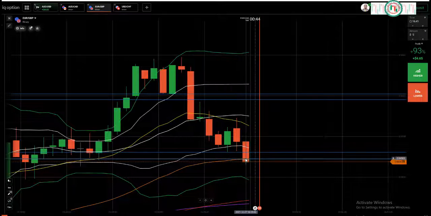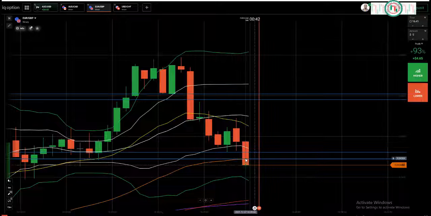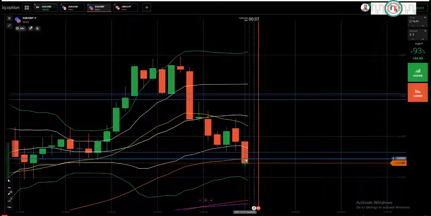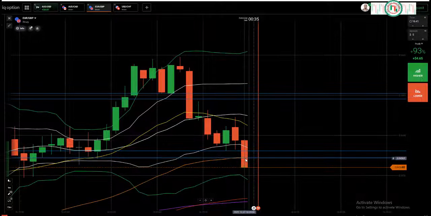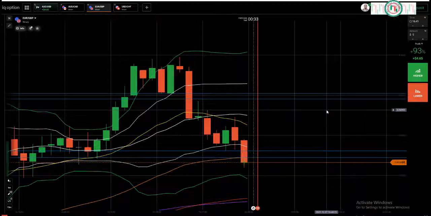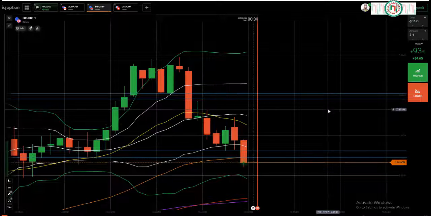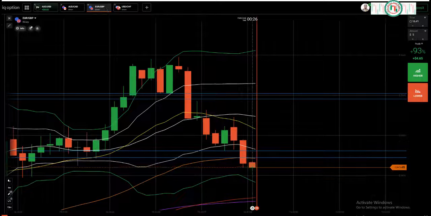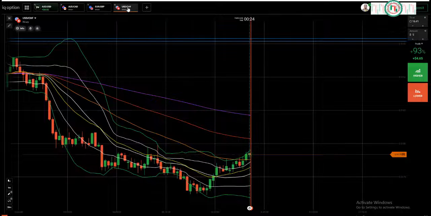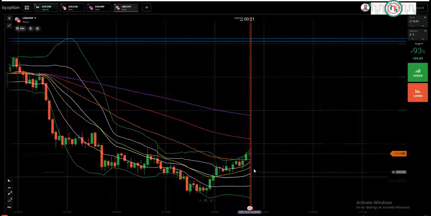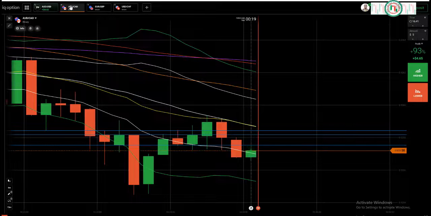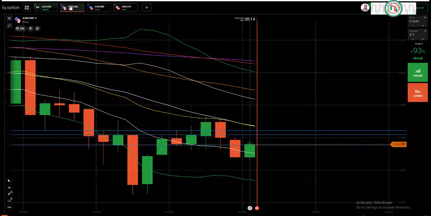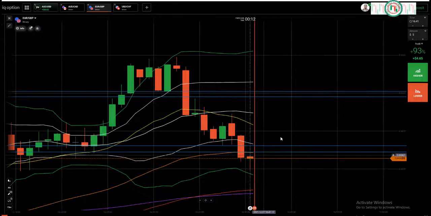The market is trying to break the level. You see, market has broken the level, no problem. It may create a fake breakout, but I will not trade.